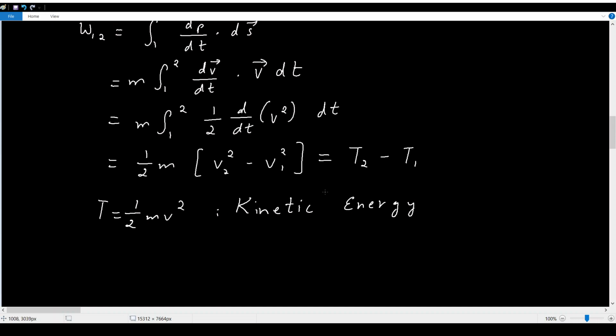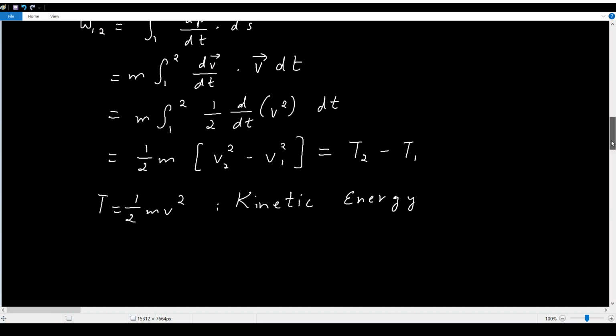So one way of looking at work was by looking at the velocity, and that actually gave us this formula that the work done from point 1 to point 2 is really equal to the difference in the kinetic energy at the two points.